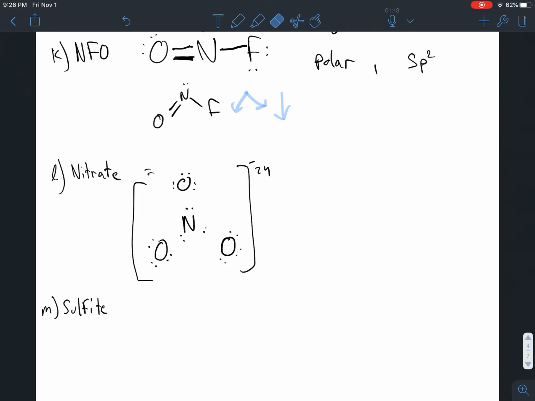And I think these lone pairs kind of extend to form a bond. And so that's a structure with the right amount of electrons, but we see that nitrogen does not follow the octet rule.